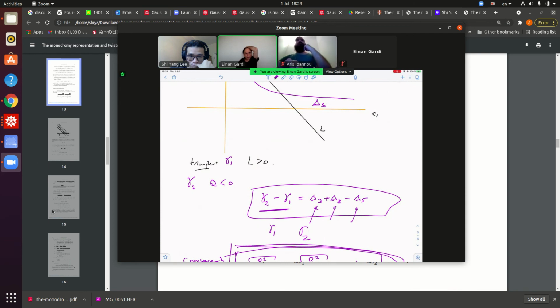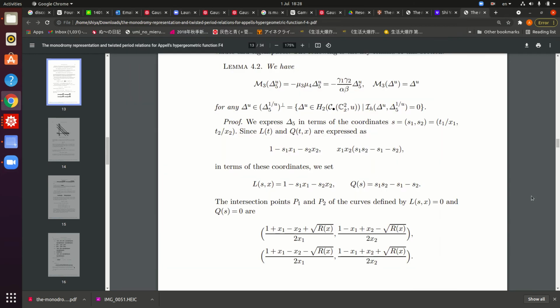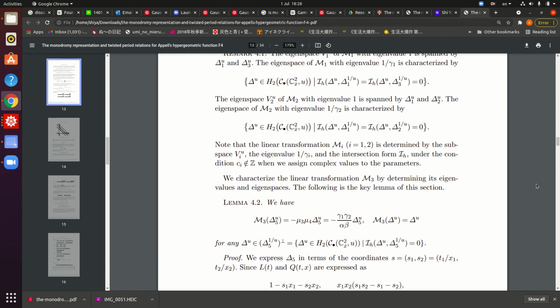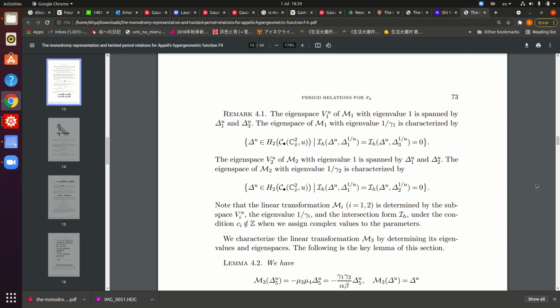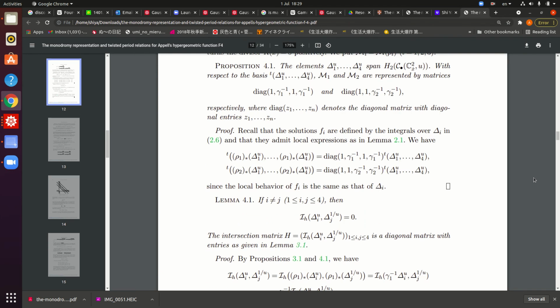I think it's worthwhile reading more of it because they have done really difficult things. Maybe, of course, we don't need all of what they have done, but they basically have full control of the period matrix. All of the integrals that can be formed between these boundaries are understood.